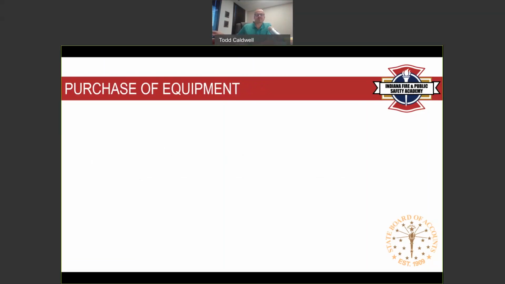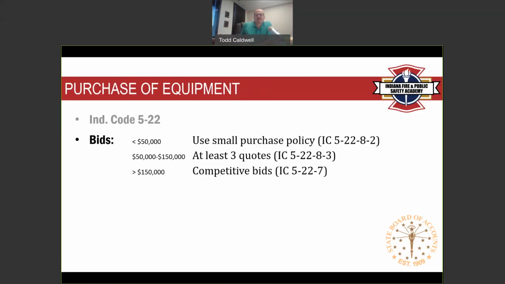Another type of disbursement area is purchase of equipment. And for it, all of the applicable statutes are under Indiana Code 5-22. Basically, you're purchasing equipment, which is a supply. There are different thresholds that pertain to what you have to do.